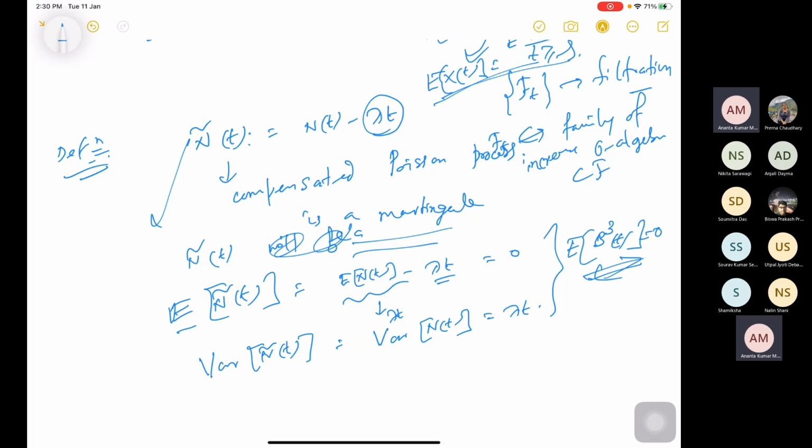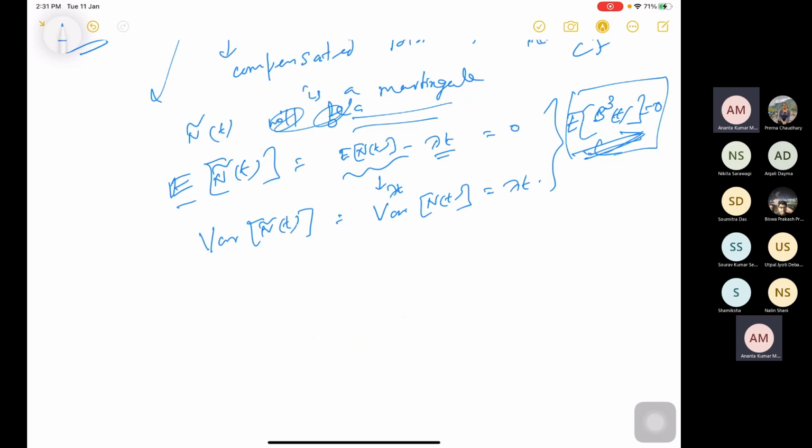That we will come back to later, because if a process is a martingale, then expectations are constant, but constant expectation does not give you a martingale. In particular, the expectation of X_t being equal to 0 does not give you that X_t is a martingale. For example, we will see later that B cubed t, where B is a one-dimensional Brownian motion, is not a martingale. Okay, this is the compensated Poisson process.